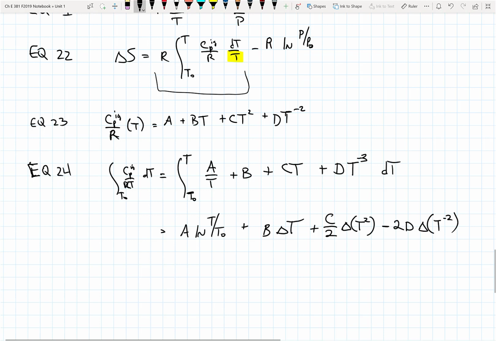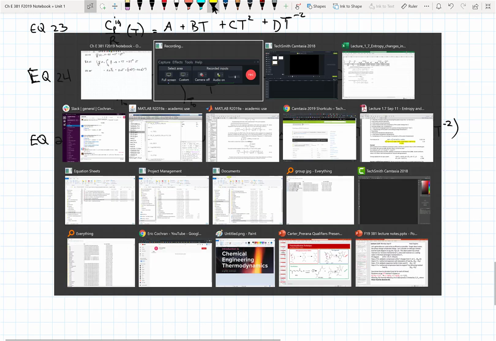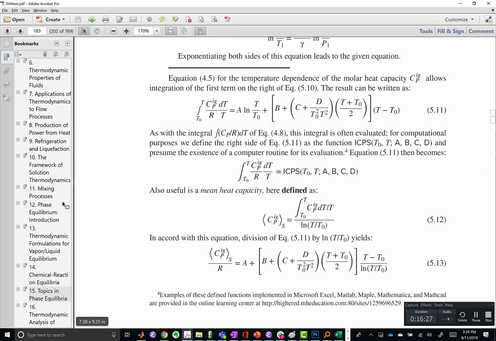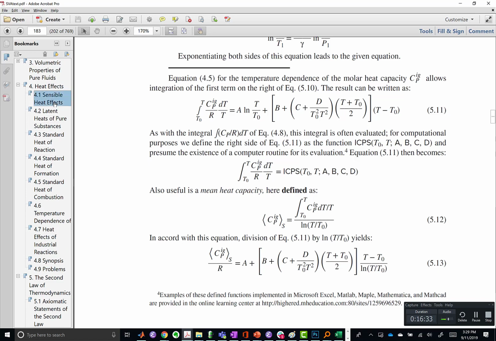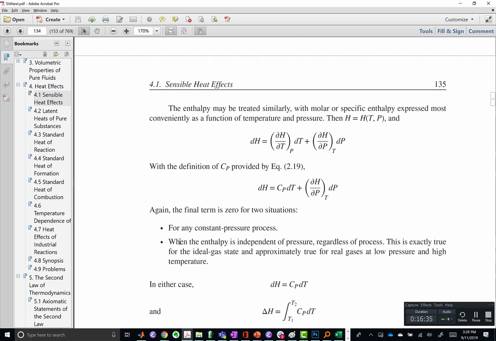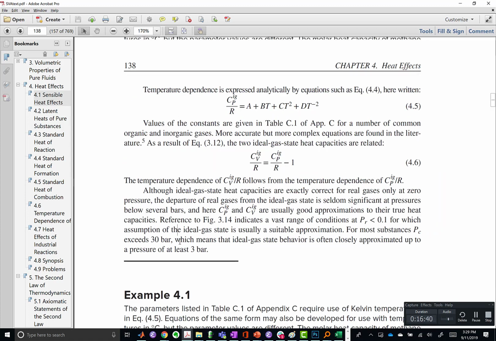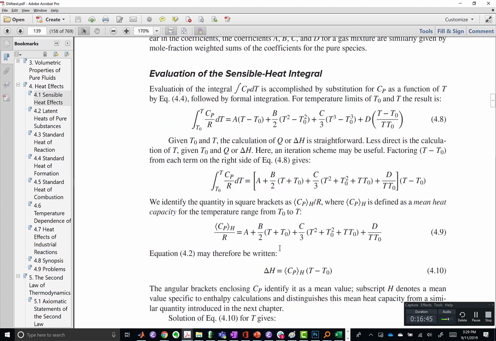Now, one thing that we will talk about is mean heat capacities at this point. So in chapter 4, the text talks about a mean heat capacity for enthalpy, and I'll just review that real quickly. So if we go back to chapter 4, sensible heat effects, and I'll page down a little bit here where we get introduced to these heat capacity integrals.